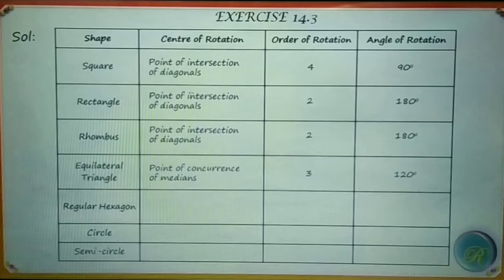For regular hexagon, center of rotation is point of concurrence of diagonals. What about order of rotation? 6. Angle of rotation is 60 degree. For circle, center of rotation, center of a circle.